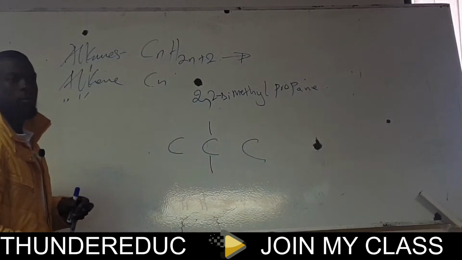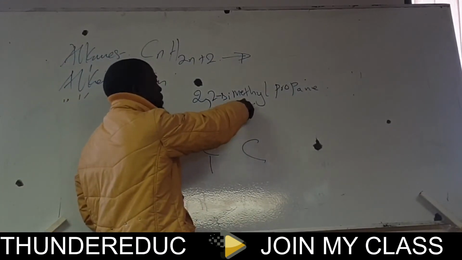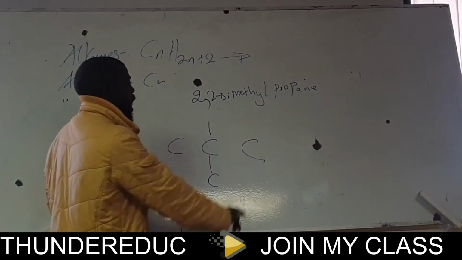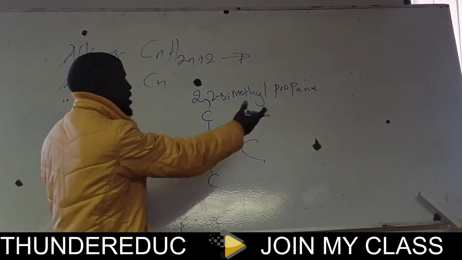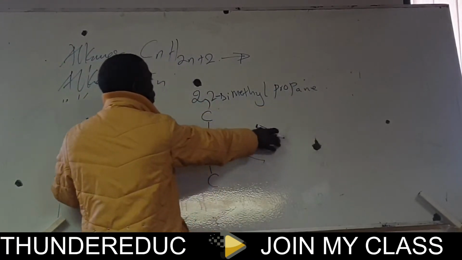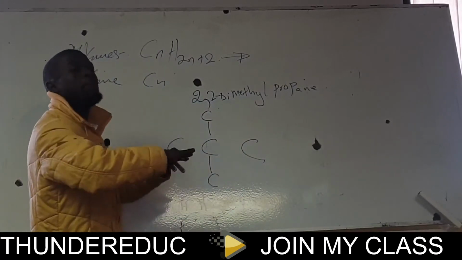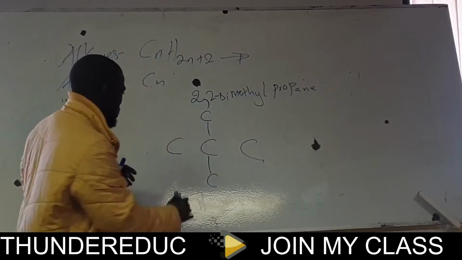Is it clear? So which side group? We have a methyl. A methyl has 1 carbon atom. And also another methyl has 1 carbon atom. What is left? Now the rest is bonds, and you put the bonds and the hydrogens. Done.